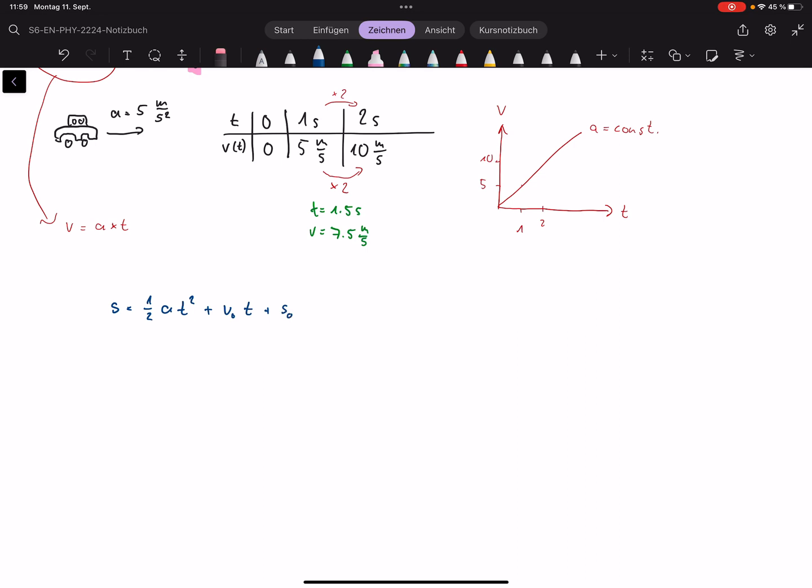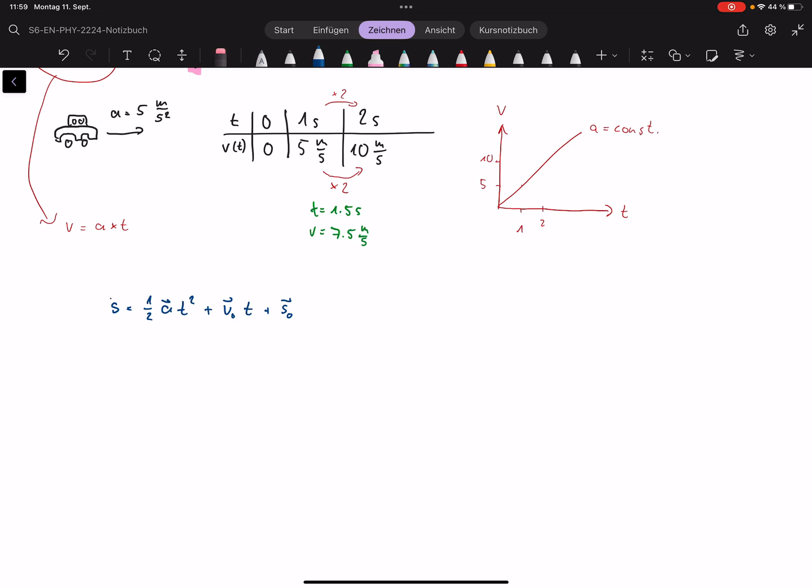Now when we look at this formula a bit closer, we see that the distance is a vector quantity because it has the length and the direction. Here we have v as a vector quantity, and in the first summand it's a.